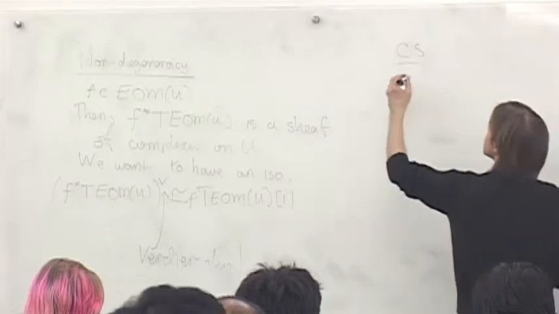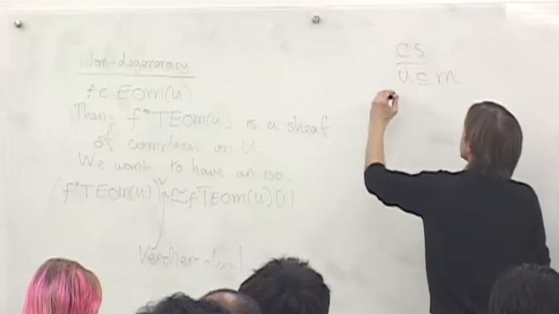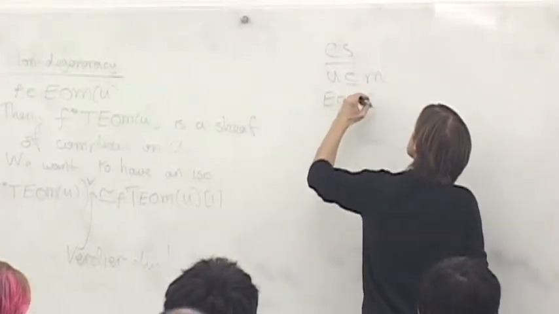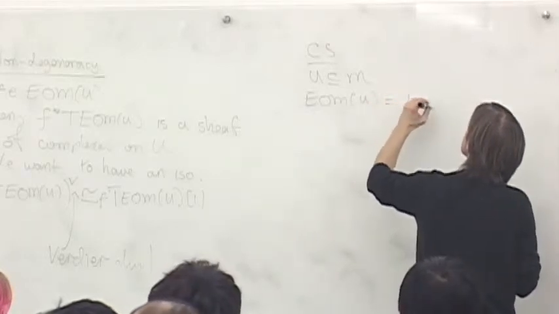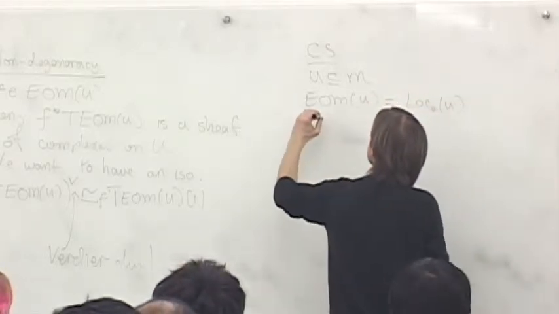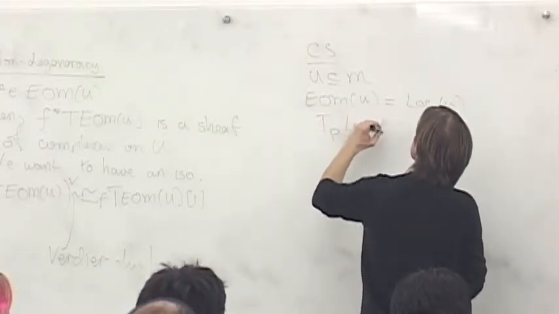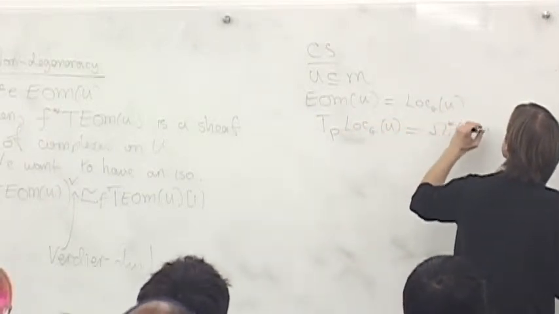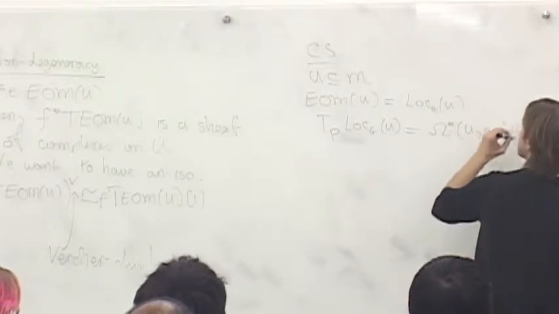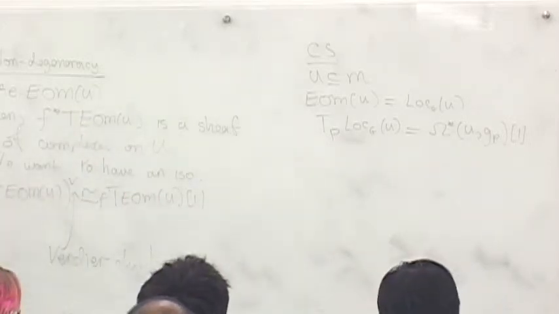So what happens with Chern-Simons? If I take just some U inside of M, then again, the equations of motion on U is something like local systems. Then I take the tangent space. This is going to be the de Rham complex of U with coefficients in g_P, shifted by 1. And by, what's the name people use for Poincaré duality on something non-compact?